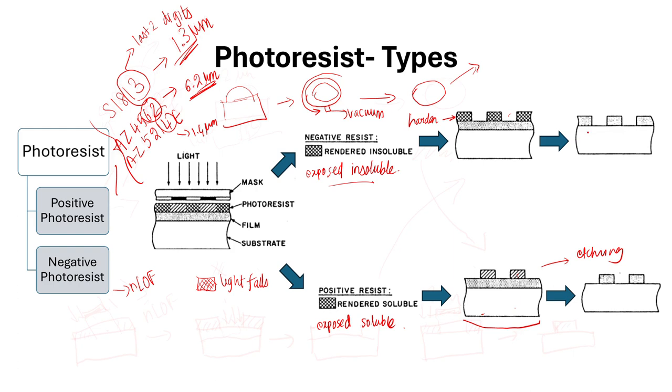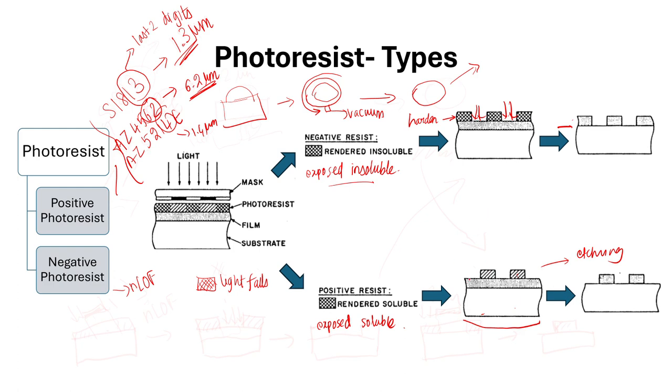So when we do development, we will have photoresist remaining in this region in the case of negative photoresist. Then if we have a layer below this and we do etching, the plasma will get exposed in this region. So we will etch this region and the pattern will get transferred to the underlying film. So this is what happens in a negative photoresist.